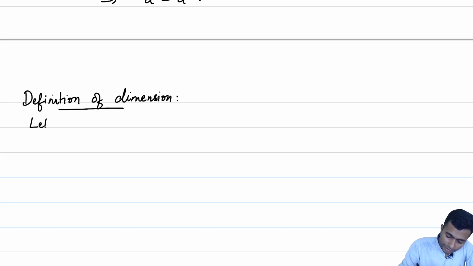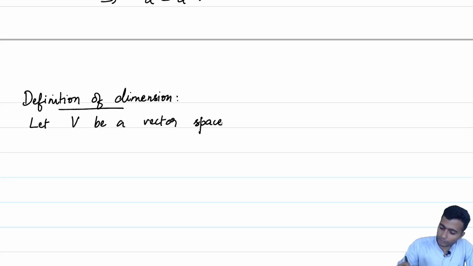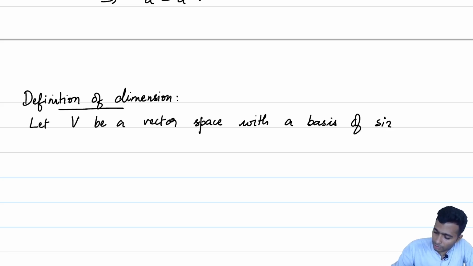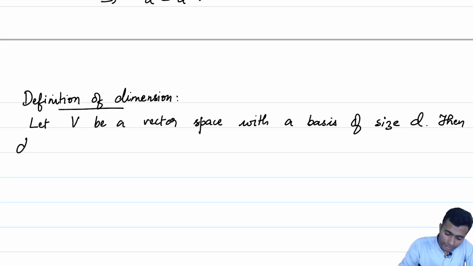So let V be a vector space with a basis of size d. Then d is called the dimension of V.